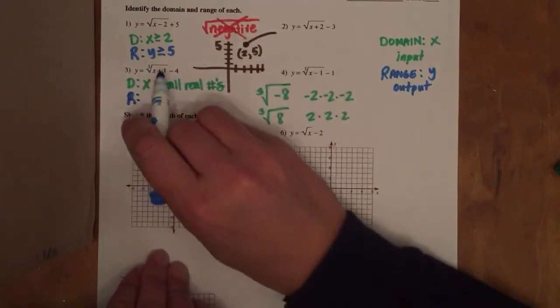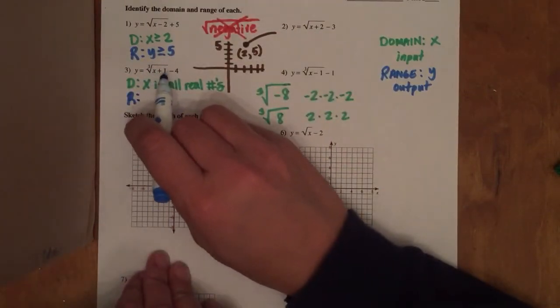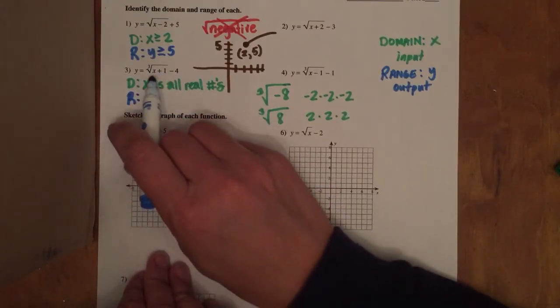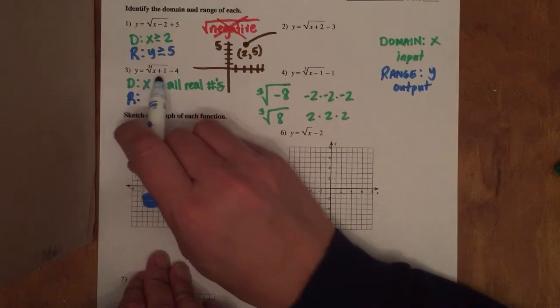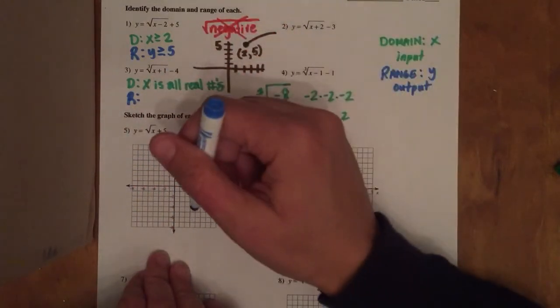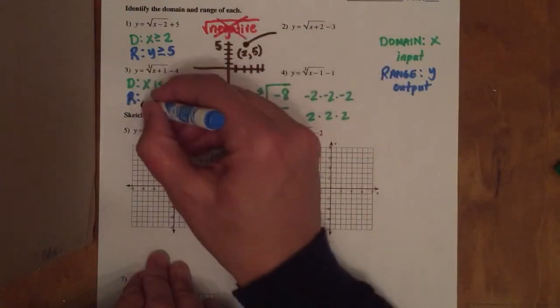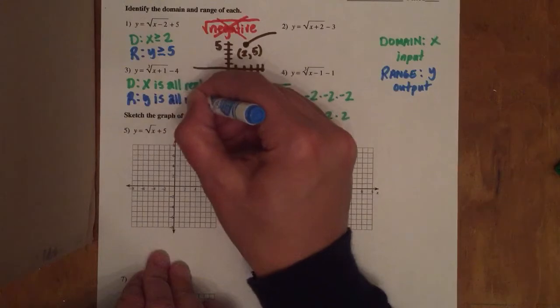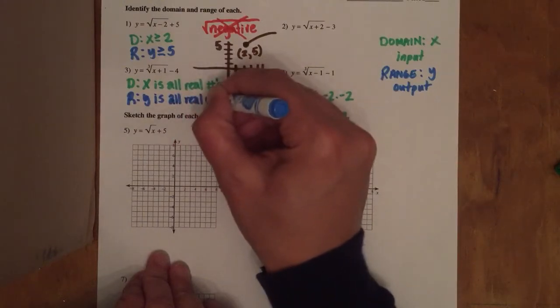Well, the range is the output of the input, which is the domain. If I can get all kinds of values for this, negative and positive, that means I'm probably going to get all kinds of values as an output. So y is also the set of all real numbers.